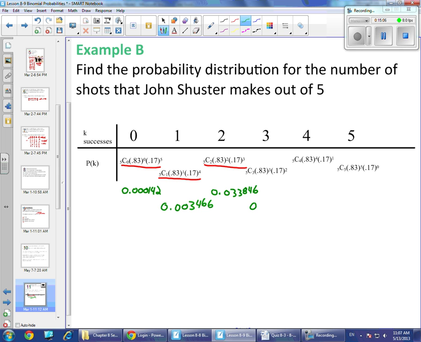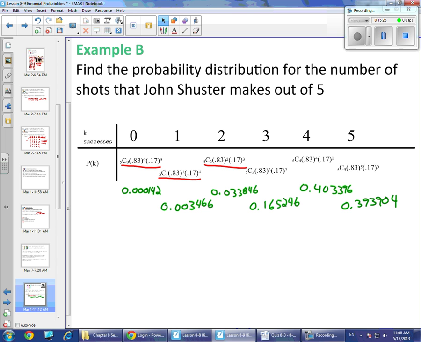This guy is 0.165246. Then 0.403396. And my last guy is 0.39904. And now, just like regular probability distributions, all of these values should add up to 1, and these represent all the probabilities that could happen.